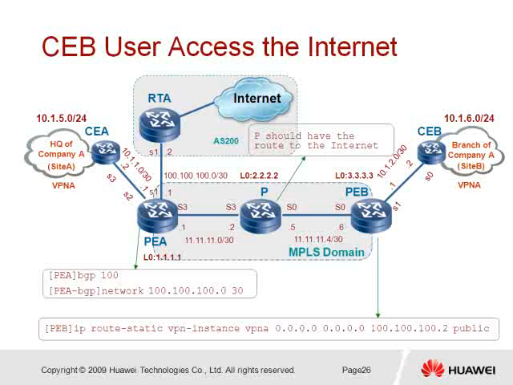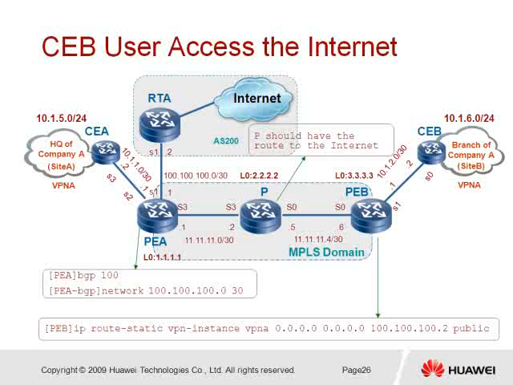The configurations are: on PEA, bgp 100, network 100.100.100.0 30. In addition, P also needs the route to the Internet. There are several ways of doing this.